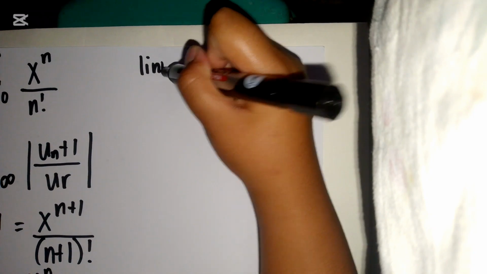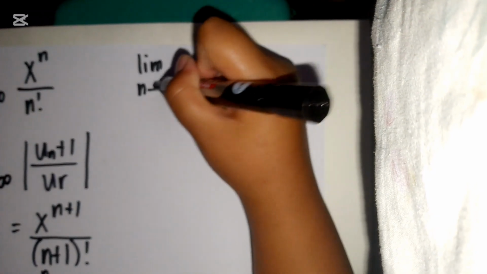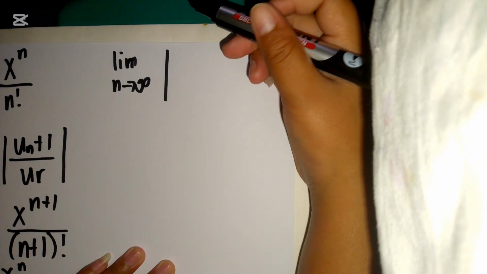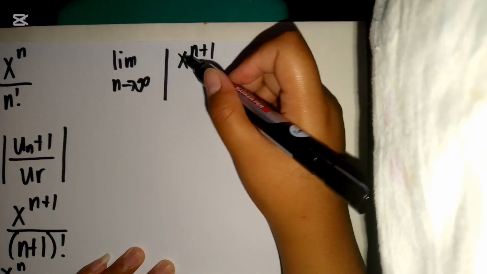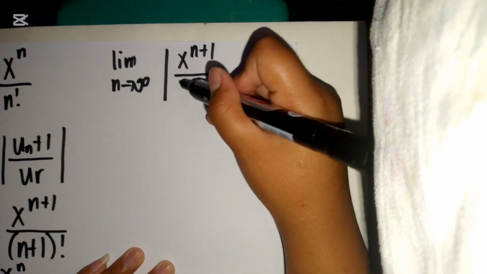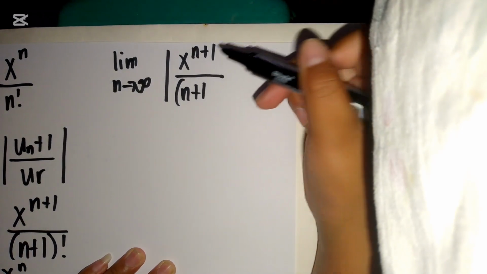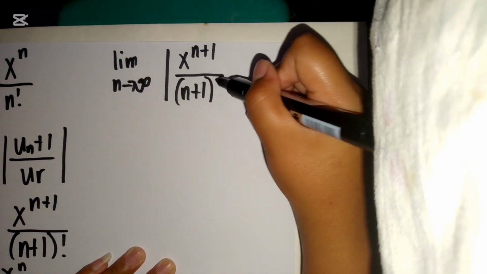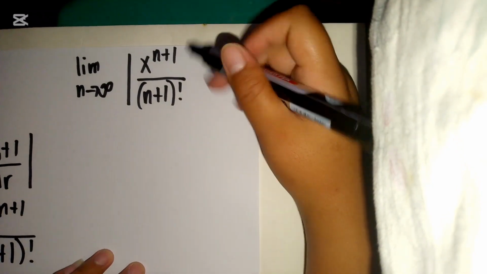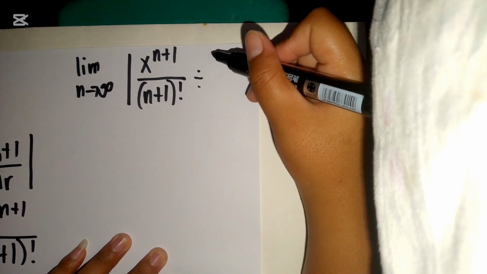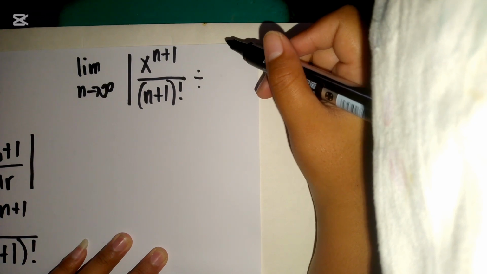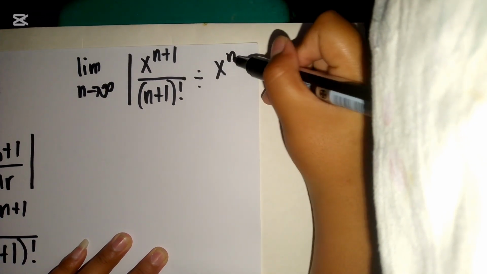So now let us substitute into the limit of n approaches infinity: x raised to n plus 1 over n plus 1 factorial divided by the u sub n, or our given, x raised to n over n factorial.